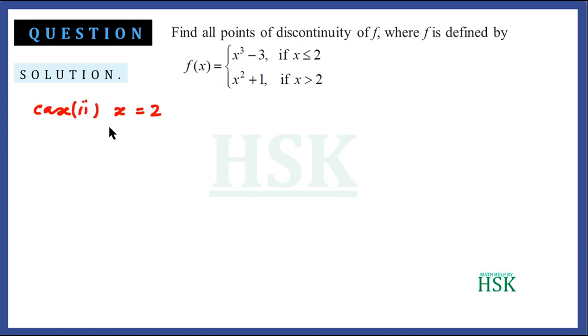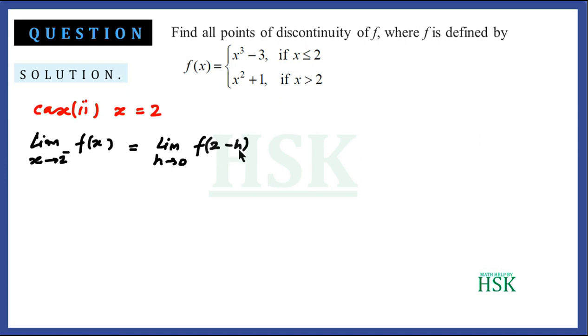Now we are going to take the second case when x is equal to 2. We have to take this case because the function changes the value at this point, and for this we are going to take first of all the left hand limit of the function when x tends to 2, that is limit of x tends to 2 negative of f(x). This would be equal to limit of h tends to 0 of f(2 minus h).